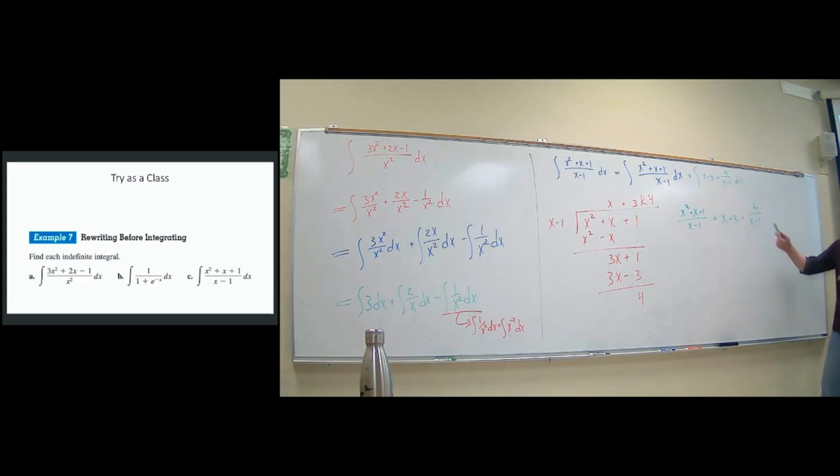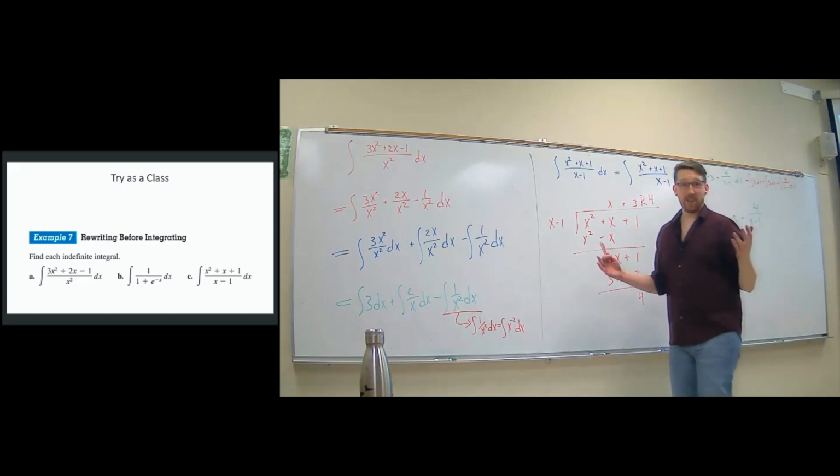From here, we're going to break up that integrand into 3 others, right? Say you've got x dx plus the integral of 3 dx plus the integral of 4 over x minus 1 dx. And then we're just going to solve these as we normally would.